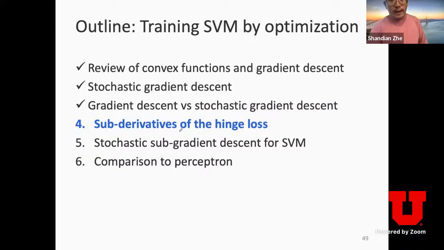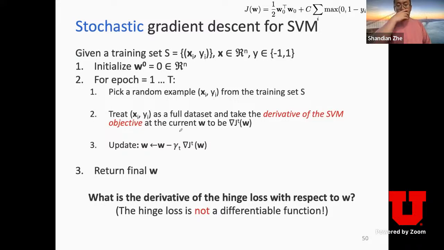Okay, next, we're going to address a remaining issue for our SVM objective function, which is called subderivatives. We already know how to apply stochastic gradient descent to optimize our SVM objective function.